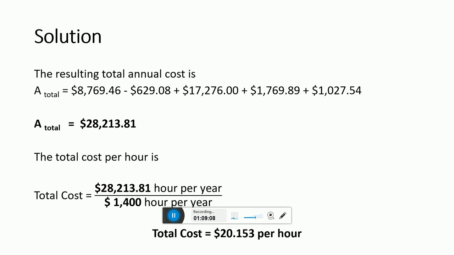There are different elements of the ownership cost, which include the purchase expenses, salvage value, tax saving from depreciation, major repairs and overhauls, property tax, insurance, storage, and miscellaneous. We will have some examples on that, and also discuss these in detail in our next lectures.